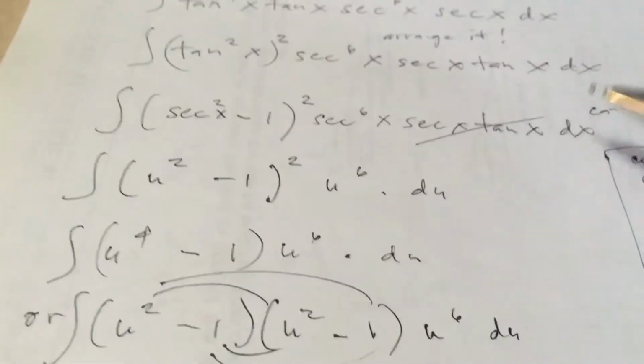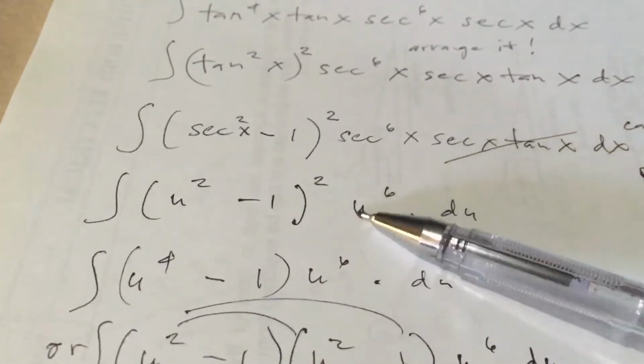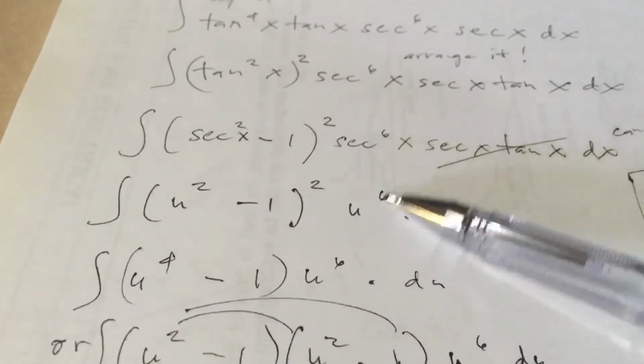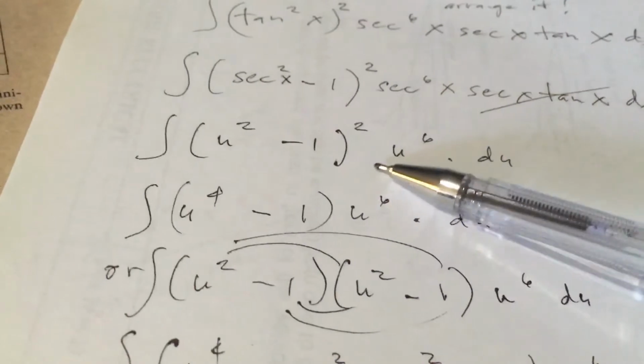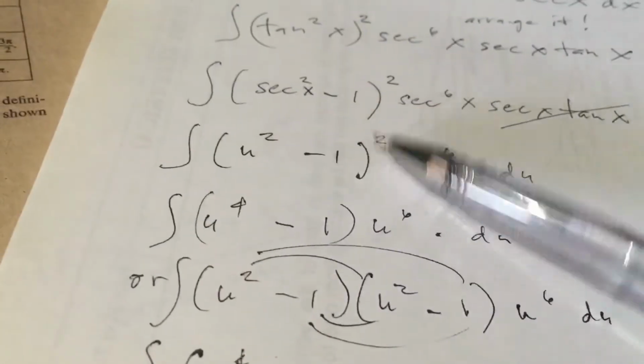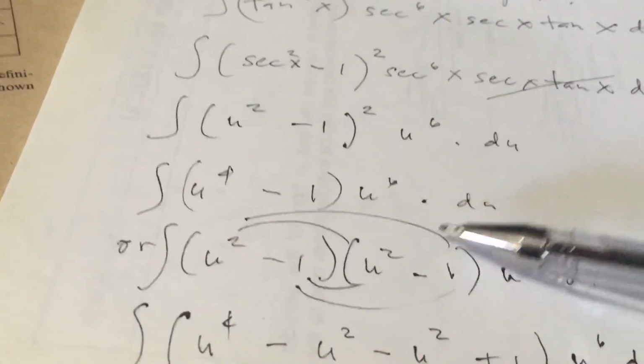And then replace this secant using u, and then substitute that.